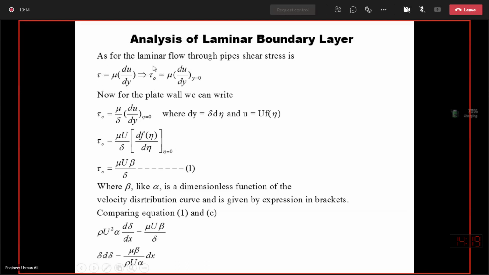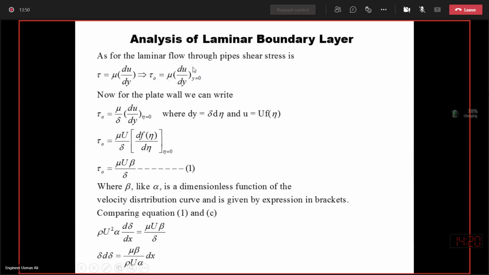When we write this for the region near the boundary, y is the distance extended from the wall of the pipe towards the center. As we move near the pipe wall, y is decreasing, approaching 0. So tau naught is mu du over dy when y is approaching 0.